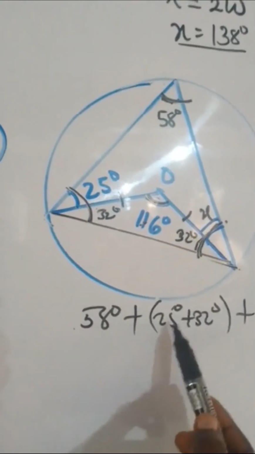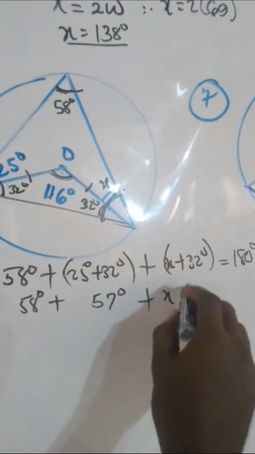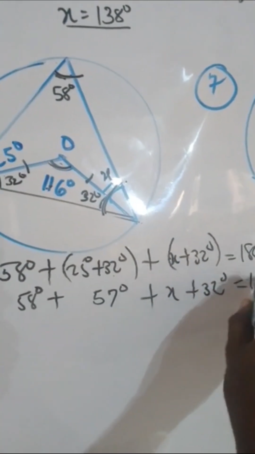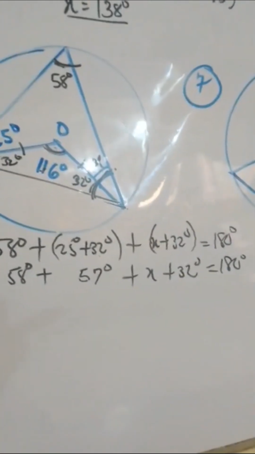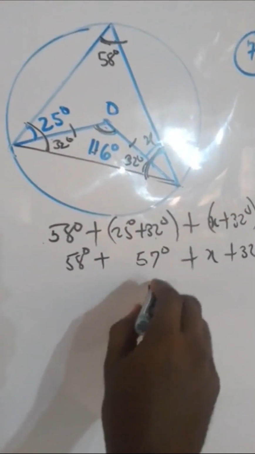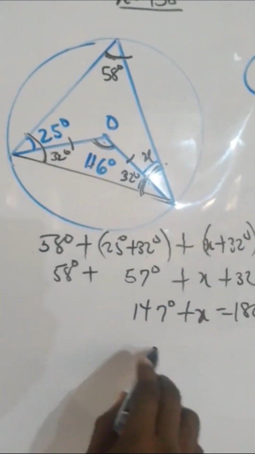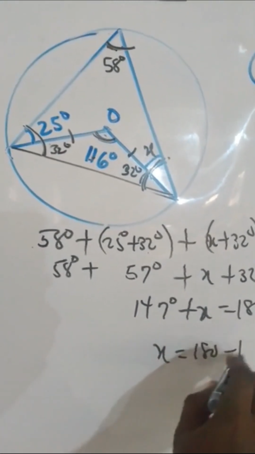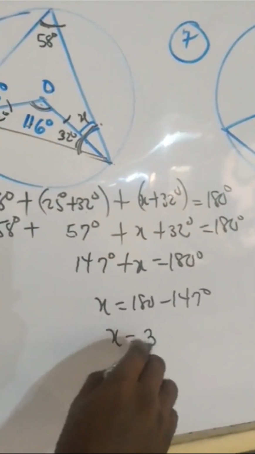So x plus 32 equals. What's the sum of 58, 57 and 32? That will be 147 degrees plus x equals, so to get x we subtract 147 from what? So what is x? 30.